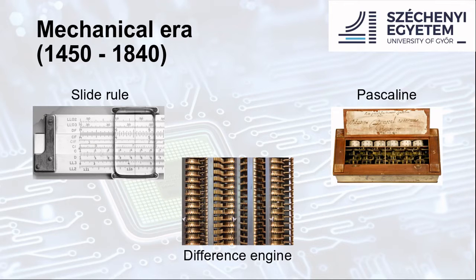The second age was the mechanical one that lasted about 400 years, from 1450 until 1840. Main inventions from this era are the slide rule, the Pascaline, the difference engine, and so on.